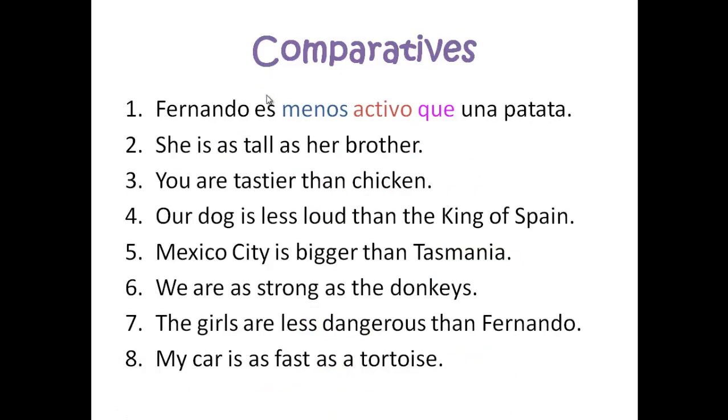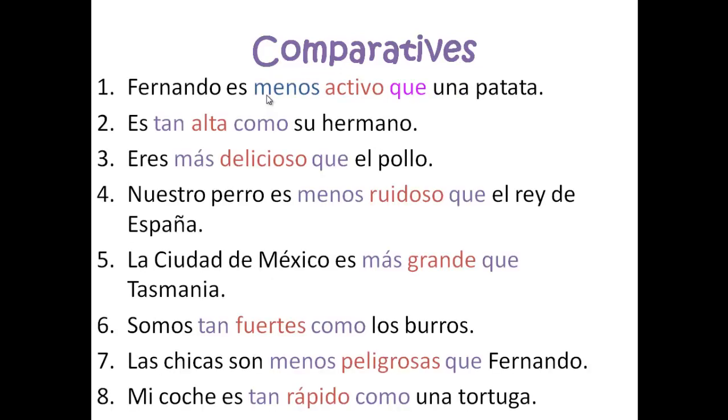So we're trying to say for the second one, she is as tall as her brother. Remember, for as and as in Spanish, it's tan, adjective, como. So es, I really should have put ella es, but never mind. Ella es tan alta.